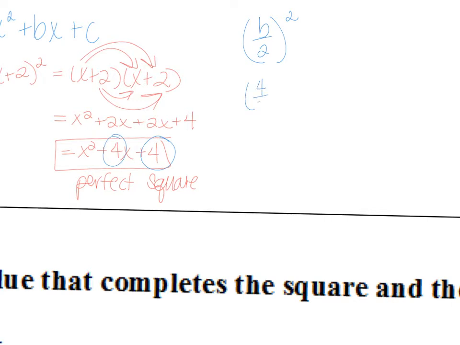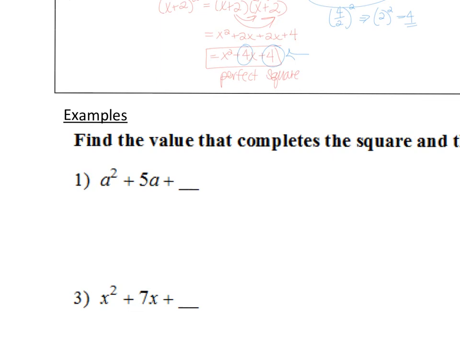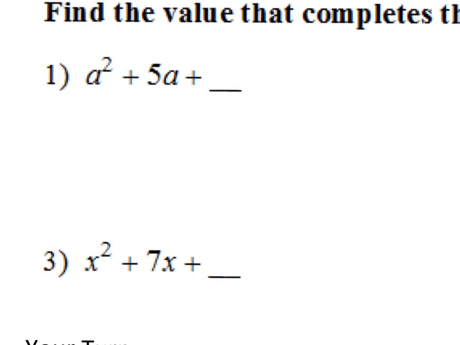So I have (4 over 2) squared. 4 divided by 2 is 2, and then 2 squared equals 4. So it does end up equaling your last value, which is c. So we're going to be using this as our way to find missing components of our trinomial. So if we're looking at this, I know my value of 5 is b.